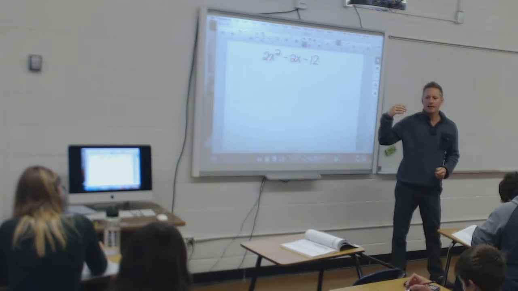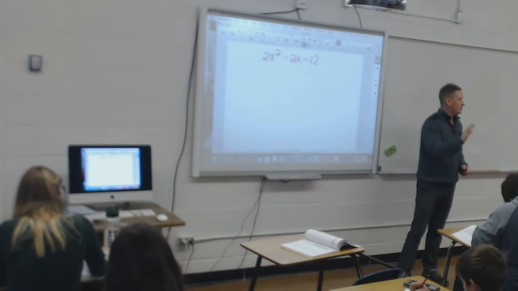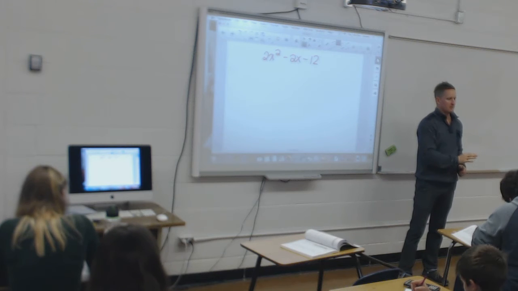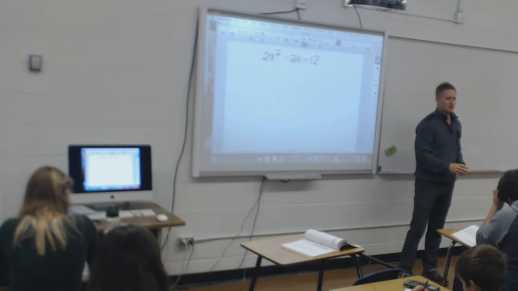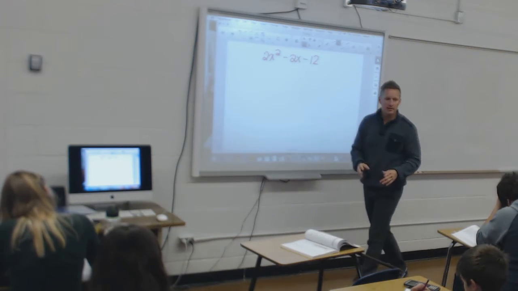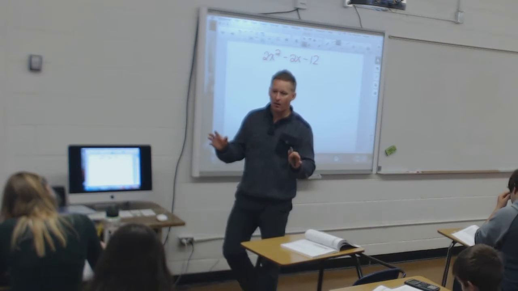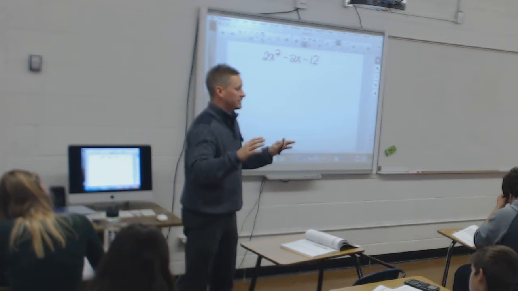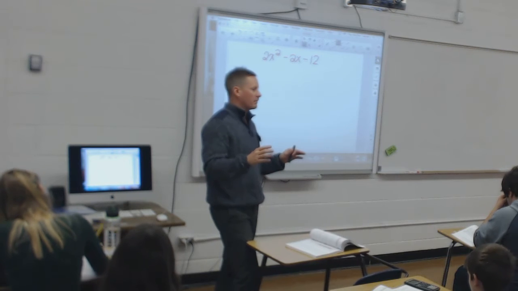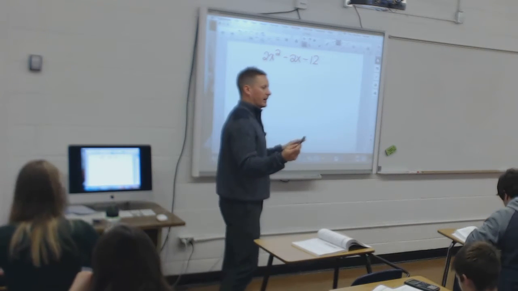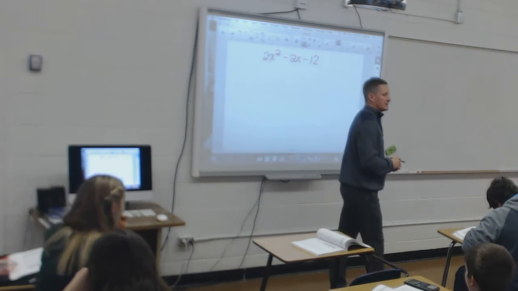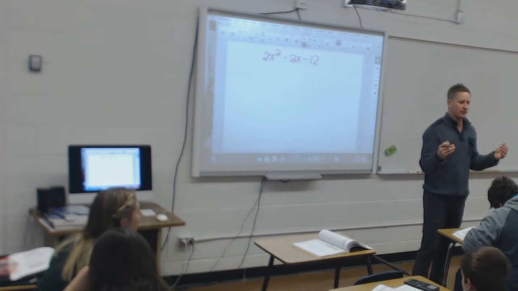Is there a value that goes into each of the numbers, or each of the terms? That's the first thing I look for. Make a note of that, because I'm going to remind you over and over again. In grade 11, when they come across this, the first thing you say is look for the greatest common factor.